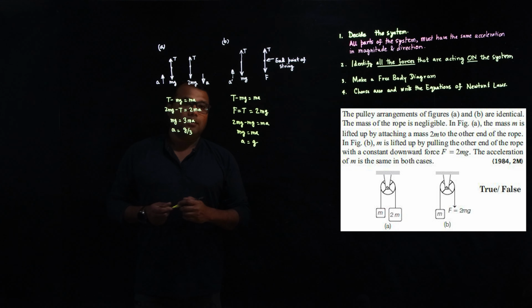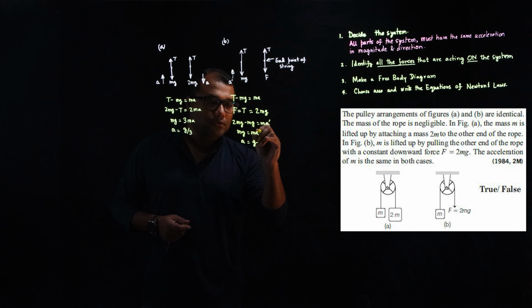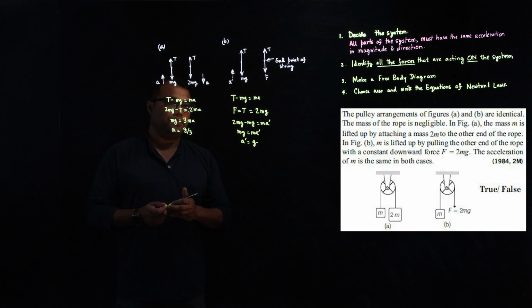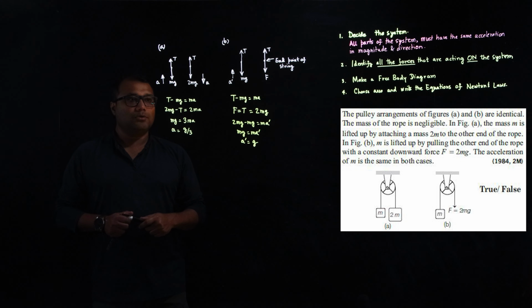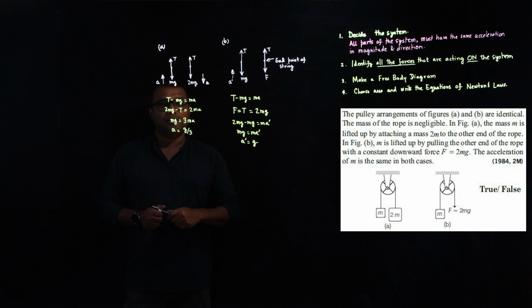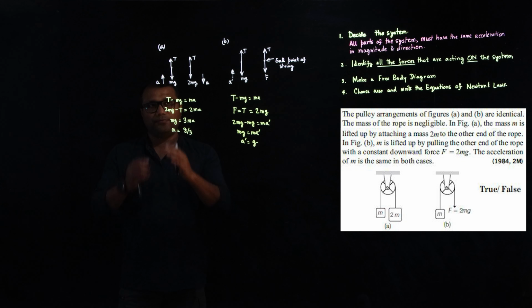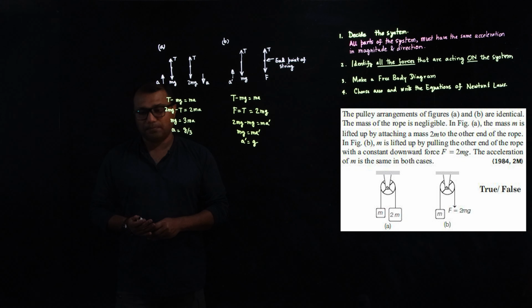In fact, this should be a dashed, a dashed equals g. So that is the difference. So the answer is false. The accelerations of case A and case B are not the same.